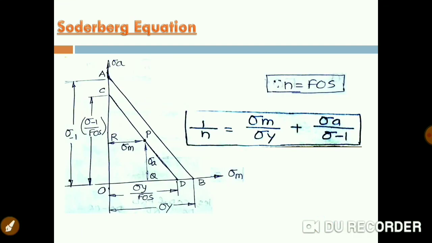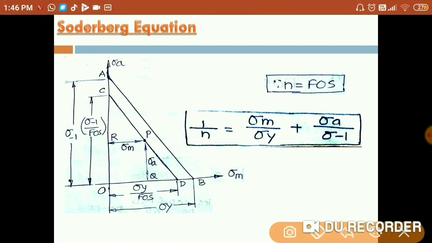Next we will go for the Soderberg equation. In the Goodman equation, we considered ultimate stress. Here a straight line connects the endurance limit Se and yield strength sigma y.